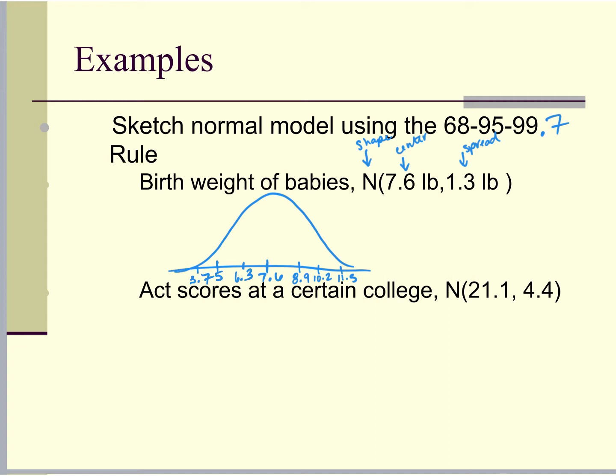So it's going to say draw the model, clearly label it. So clearly labeling it includes saying that this is 68%. And this is 99.7%.